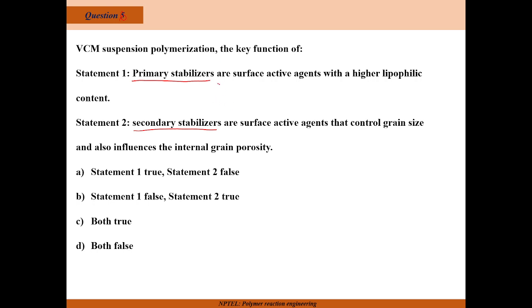The primary stabilizers are the surface activators that control the grain size and influence the internal grain porosity, whereas it is the secondary stabilizers that are surface active with high lipophilic content. So both statements are false. That is the answer, and the correct answer is the second one. Okay, clear.